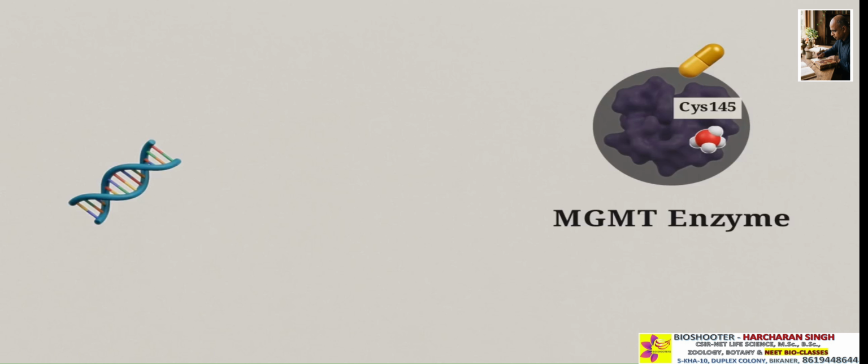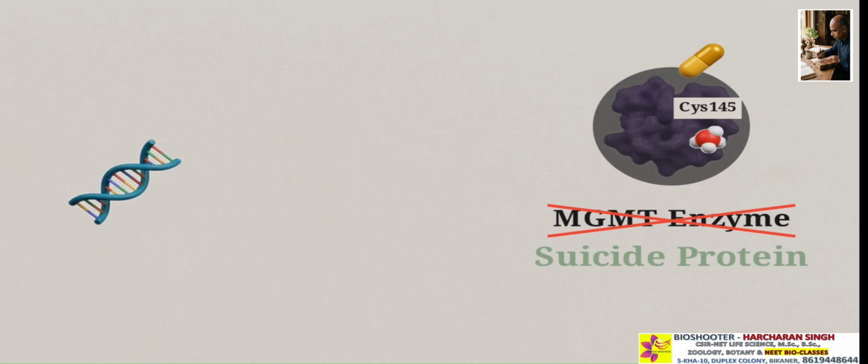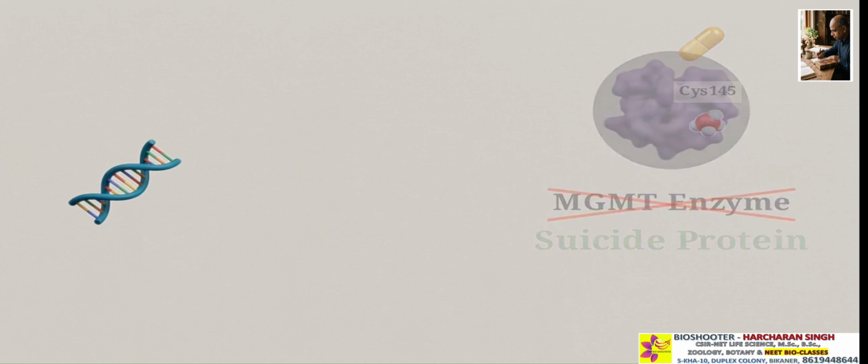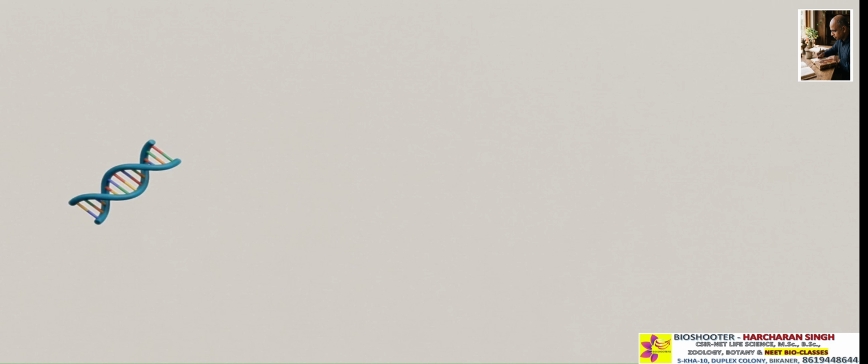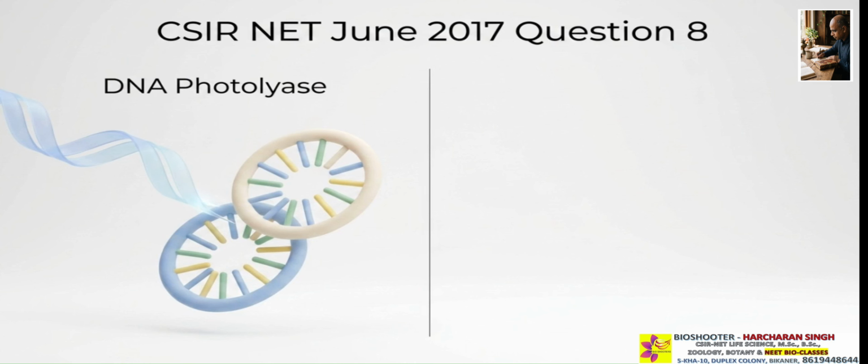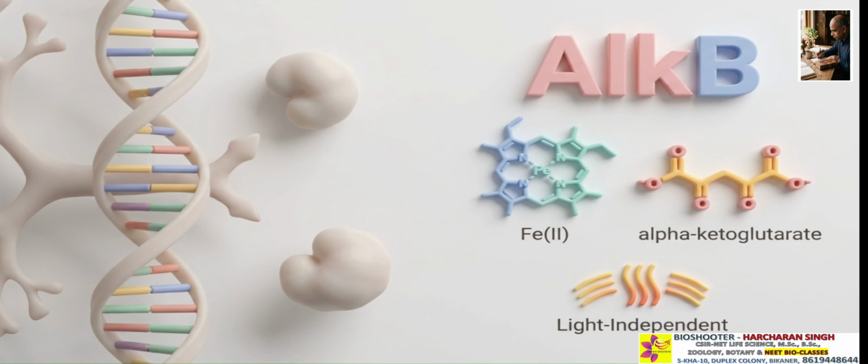This breakdown of the June 2017 exam contrasts two other direct reversal proteins. While DNA photolyase requires blue light photons to repair UV dimers, ALKB utilizes iron-2 and alpha-ketoglutarate to perform oxidative demethylation in a strictly light-independent thermochemical reaction.